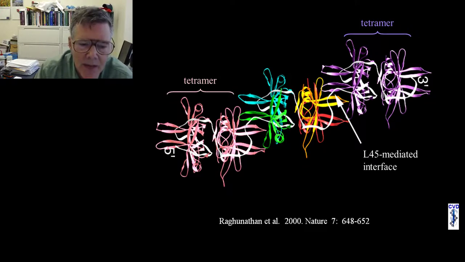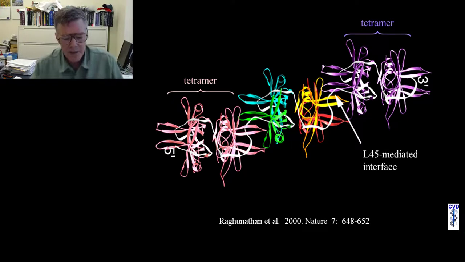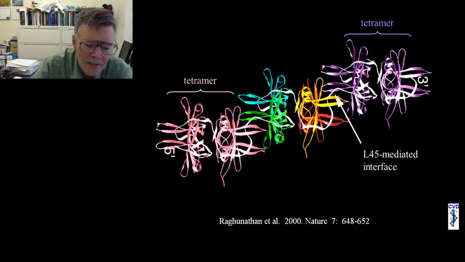So SSB binds to single-stranded DNA and keeps it single-stranded, which is very, very important for DNA replication, recombination, and repair. And so if you don't make SSB, then you can't do DNA replication, recombination, and repair, and you don't have life.